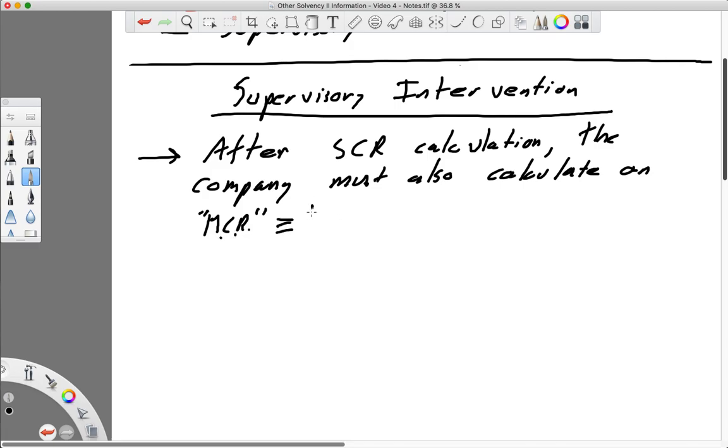So the MCR stands for minimum capital requirement.